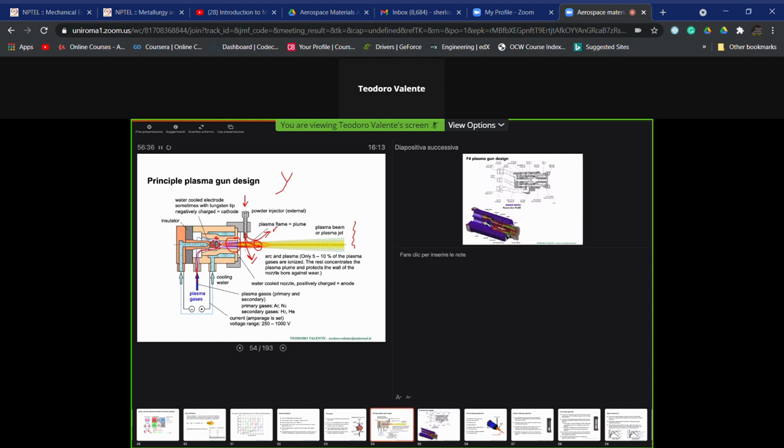The electrical discharge, obviously, implies that at the tip of the cathode the temperature will be very, very high. And so we can experience local melting on the cathode, even though we do have a cooling system for this part.